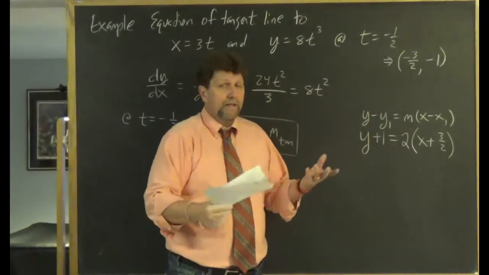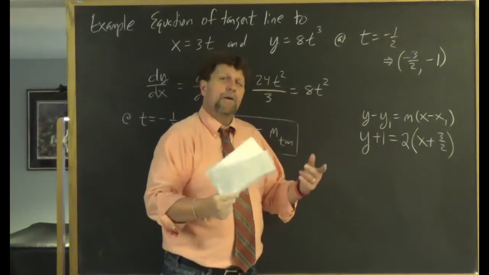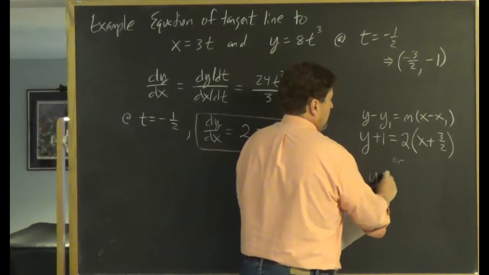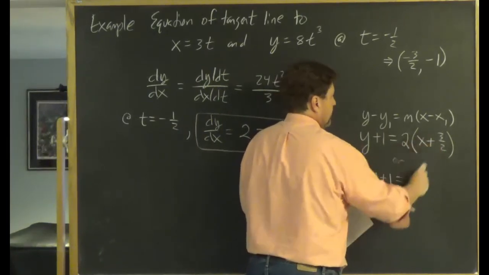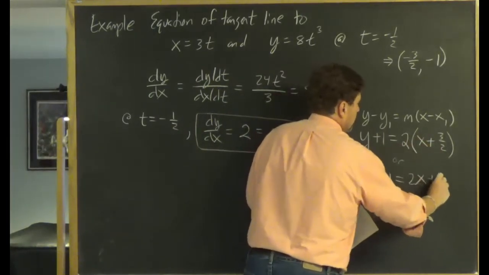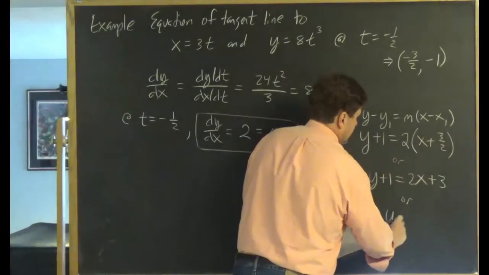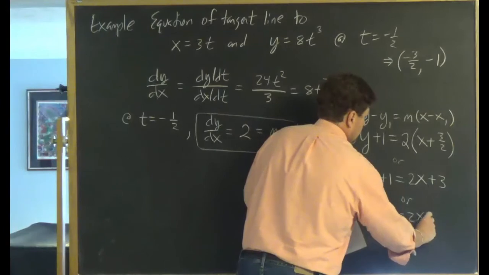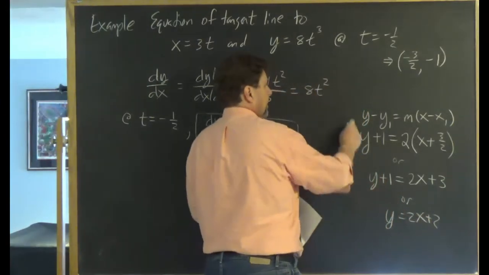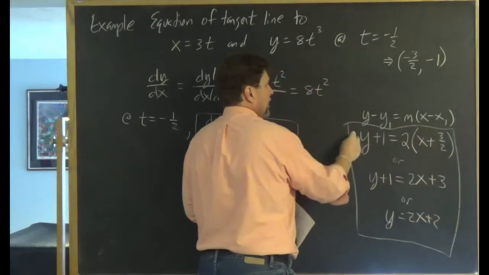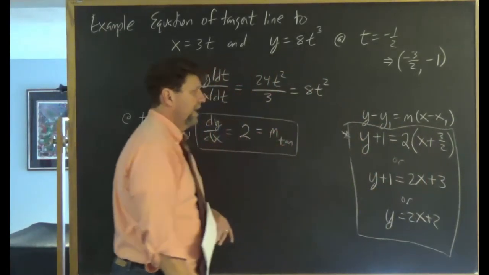That's a good equation for the tangent line. But I might at least distribute the 2, and then I could subtract the 1. But this would have been a good equation for the tangent line as well.